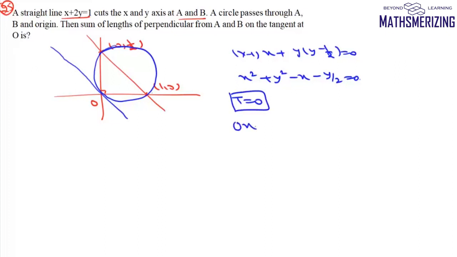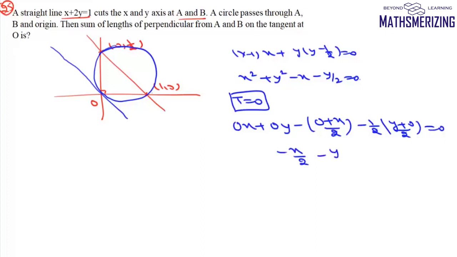So we'll get 0x plus 0y minus 0 plus x upon 2 minus 1 by 2 y plus 0 upon 2 equals to 0. So we'll get this is minus x upon 2 minus y upon 4 equals to 0. So this line will be 2x plus y equals to 0. So equation of tangent at origin will be 2x plus y equals 0.